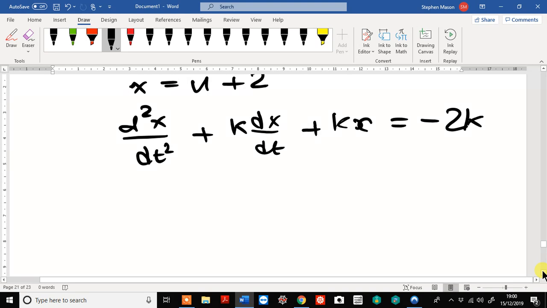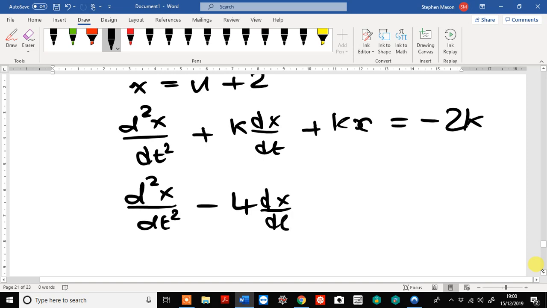So how about if we attempt to solve d squared x by dt squared minus 4 dx by dt plus 4x equal to minus 8, right?